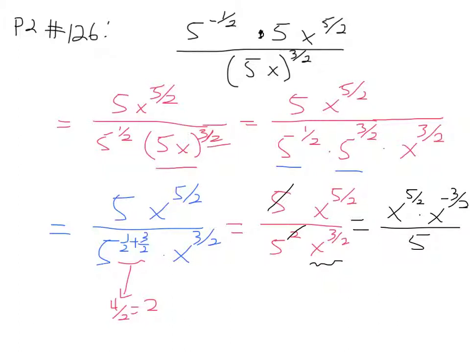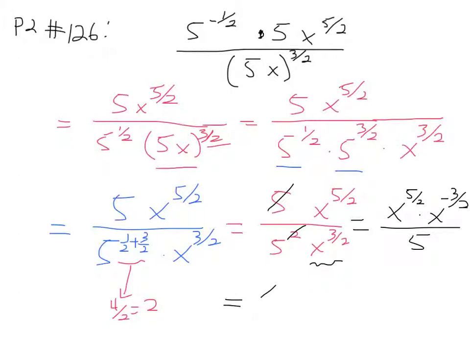Okay. Now this might be a little simpler to work with at this point, because now we have multiplication and our powers. So we're going to get x to the 5/2 minus 3/2. Well, 5/2 minus 3/2, if you plug that into a calculating device, is 2/2. But 2/2 is the same thing as 1.